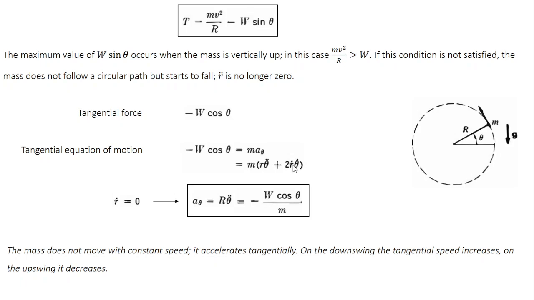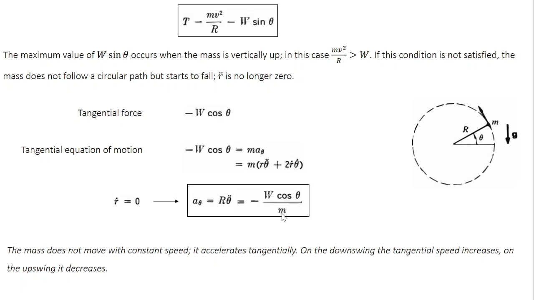Once again, since we are talking about circular motion, radius r is constant, so dr/dt or r dot equal to 0. So a_θ reduces to r θ double dot. So putting it back into this equation, you get a_θ equal to minus W cos θ divided by m.